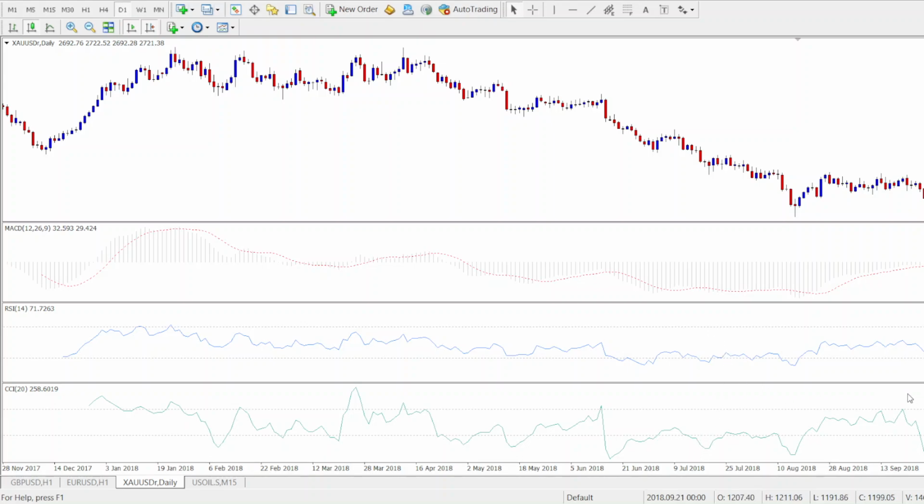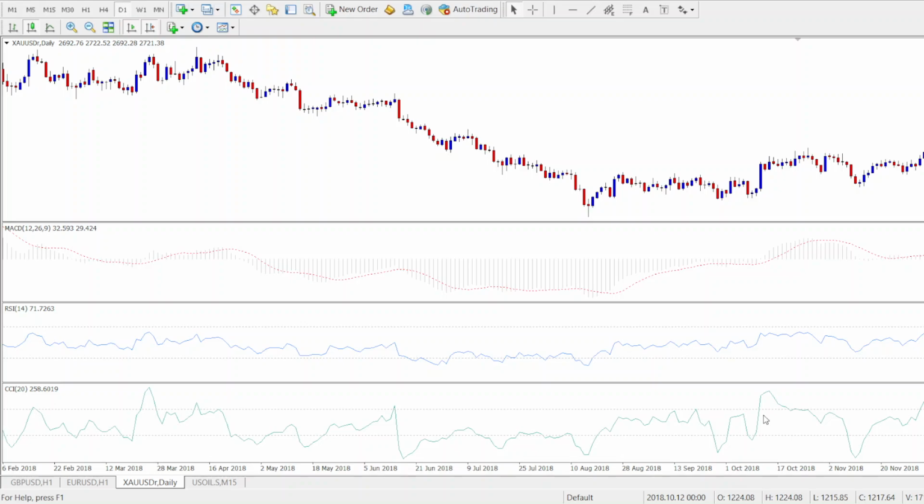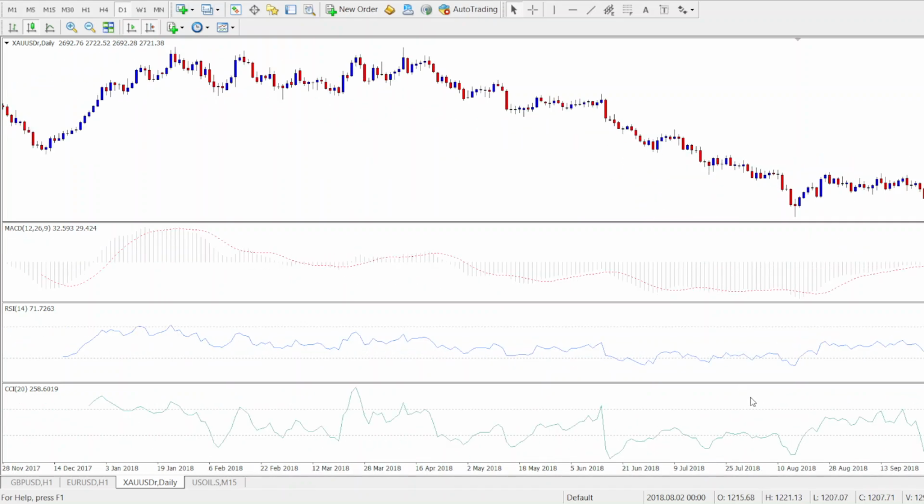Now, as for the range of the CCI, as we can see, the CCI can go above plus 100, indicating overbought, or below minus 100, indicating oversold. Now, the CCI helps us identify cyclical trends, which can help traders anticipate reversals and identify the strengths of trends.